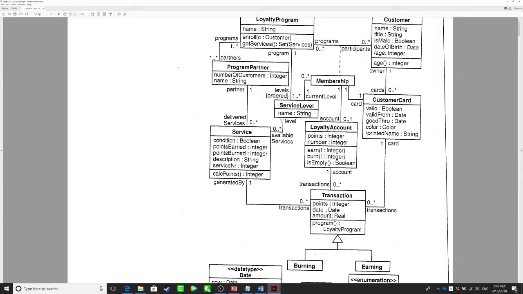Okay, that makes sense. So that's basically all the classes here. That's the system. And let me see if there's any other thing I want to explain. Yeah, that's earning and burning. Okay. And there's another thing called service level.